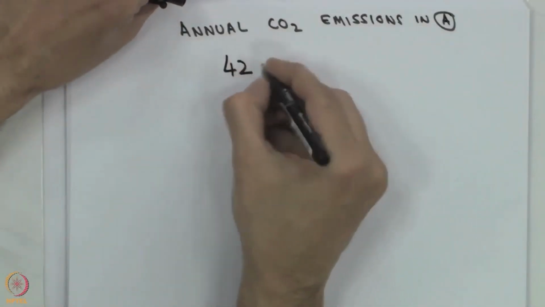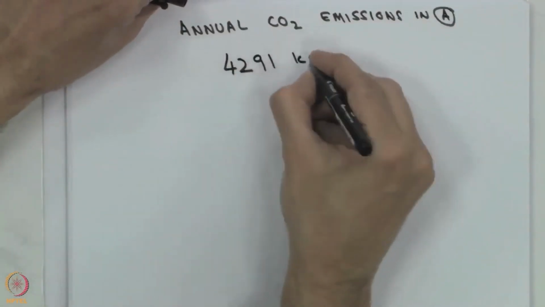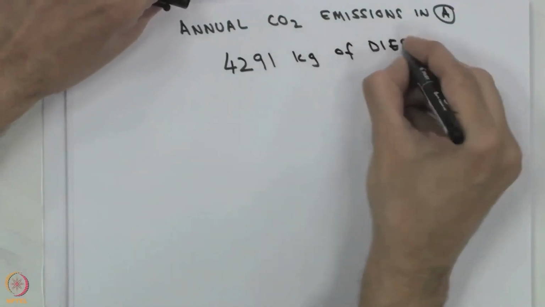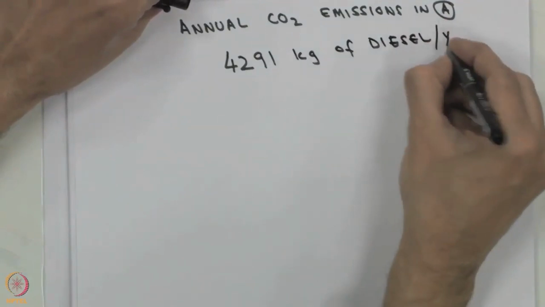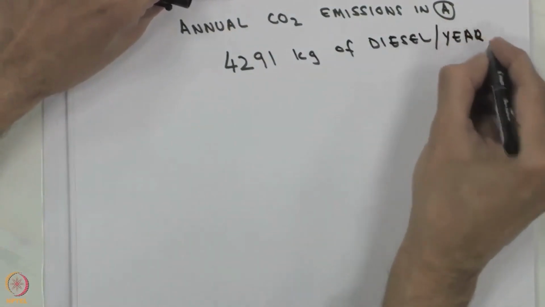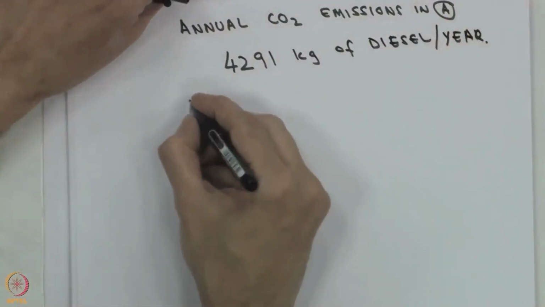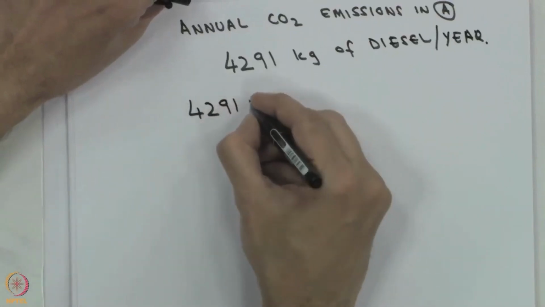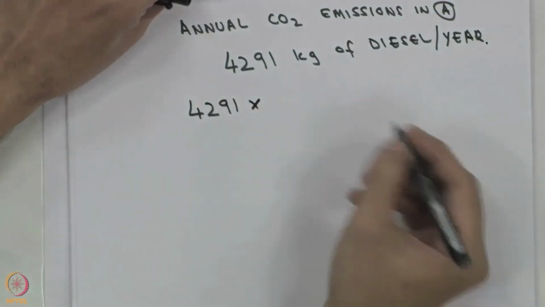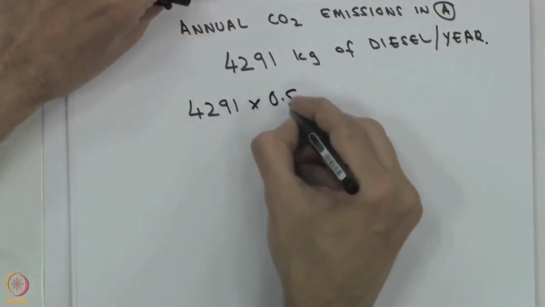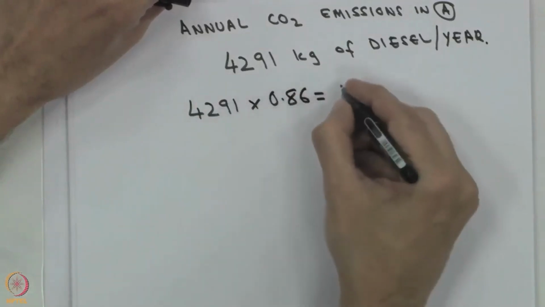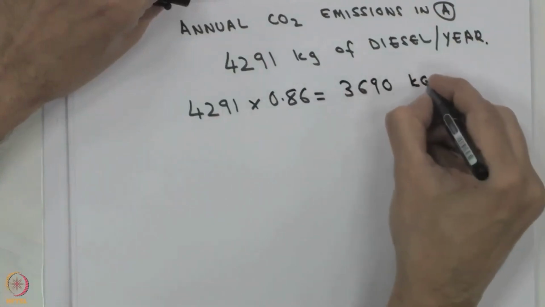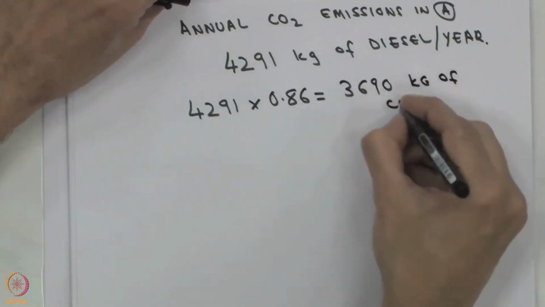We are using 4,291 kgs of diesel per year. Each kg of diesel has 86% carbon. So, this is 4,291 into 0.86, you get 3,690 kgs of carbon annually.